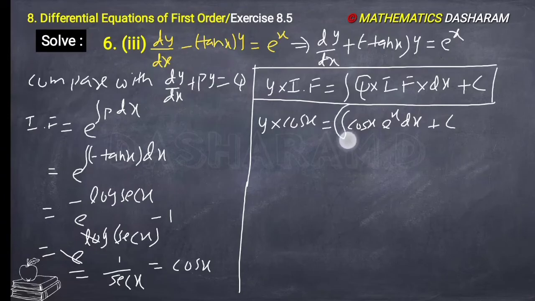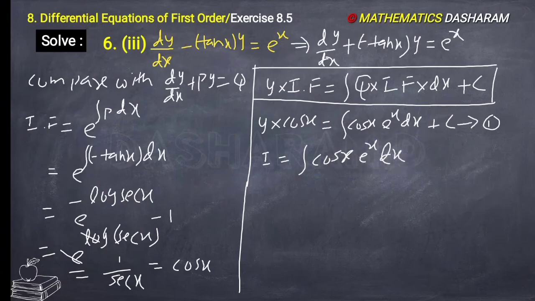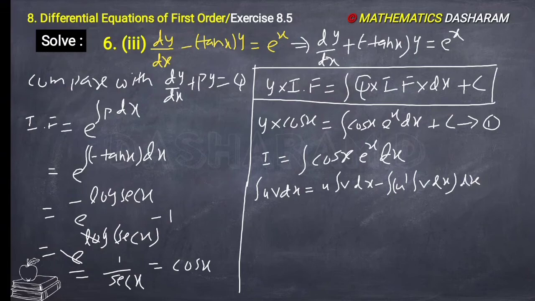Let us find the integration of cos x into e power x dx. Take it as equation 1, and I am selecting I equals integration of cos x into e power x dx. So here the u into v formula: integration u into v dx equals u into integration v dx minus integration of u dash into integration v dx, whole dx.